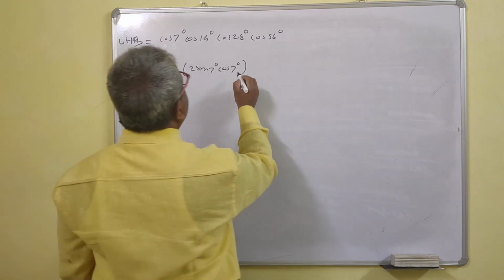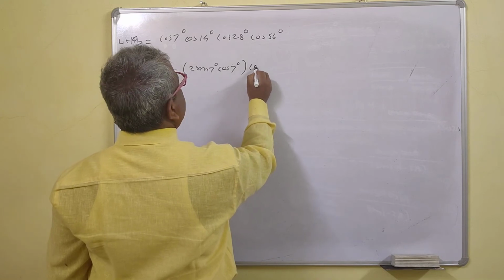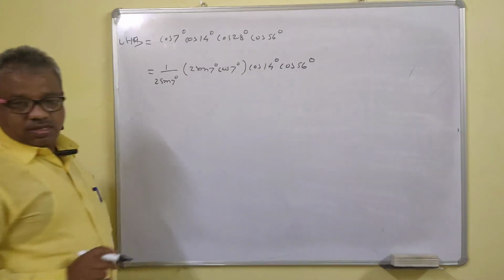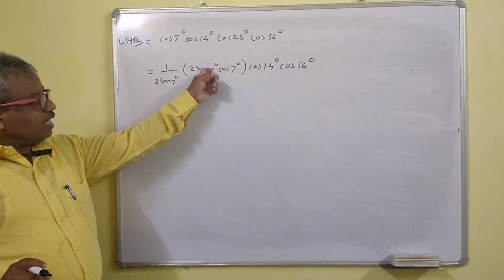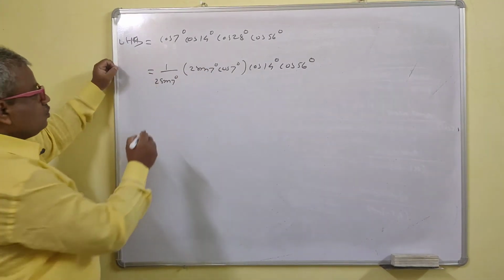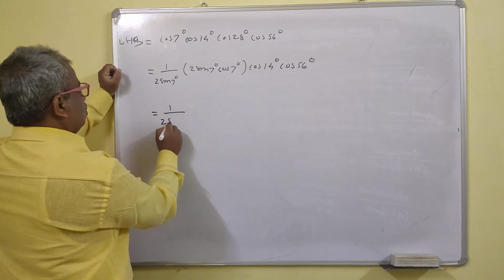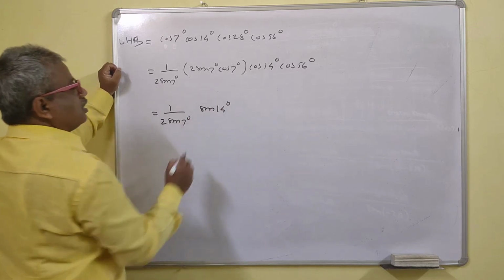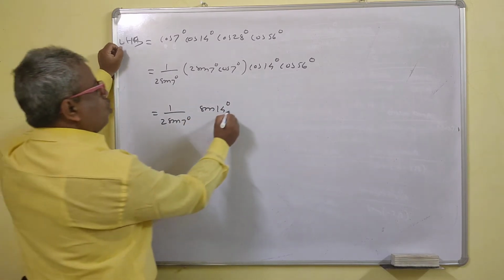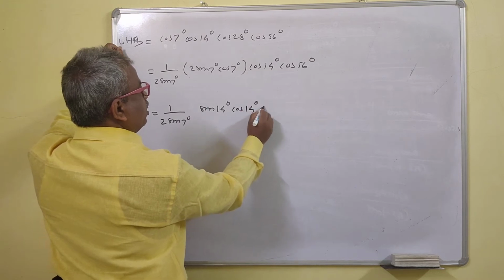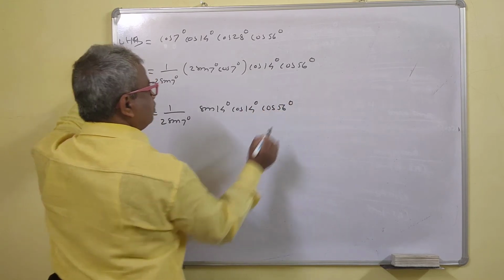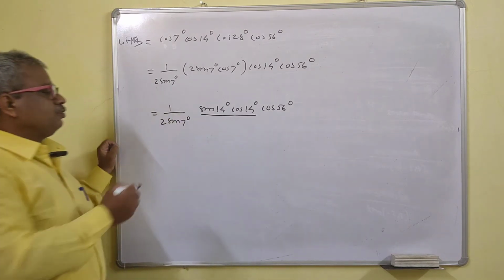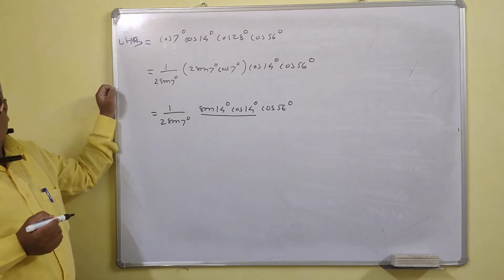So this will be, into cos 14 degree, cos 56 degree. Now this will be sin 14 degree. So this is 1 upon 2 sin 7 degree into sin 14 degree. Now this is a double angle, right? So cos 14 degree, cos 56 degree. Now see, the 2 is not there.